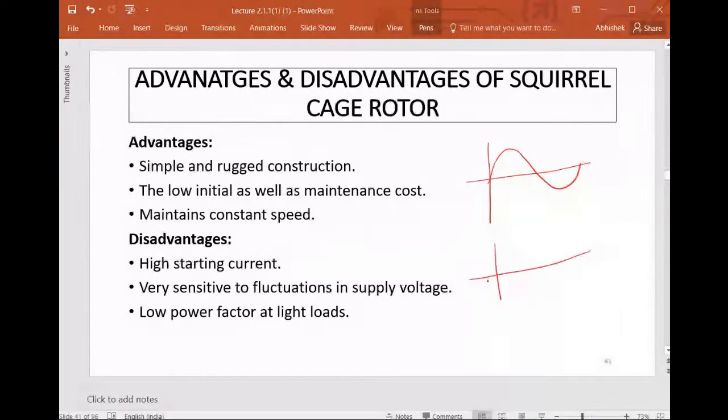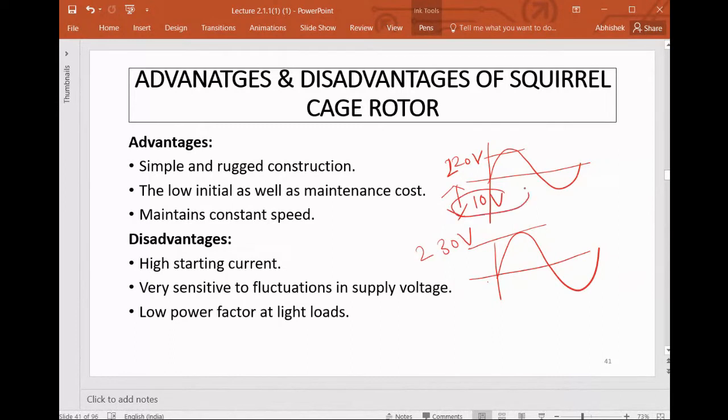So fluctuation is there. Let's suppose that these are the two waveforms. First cycle you will receive 220 volt. In the next cycle you receive 230 volt. So there is a 10 volt gap.